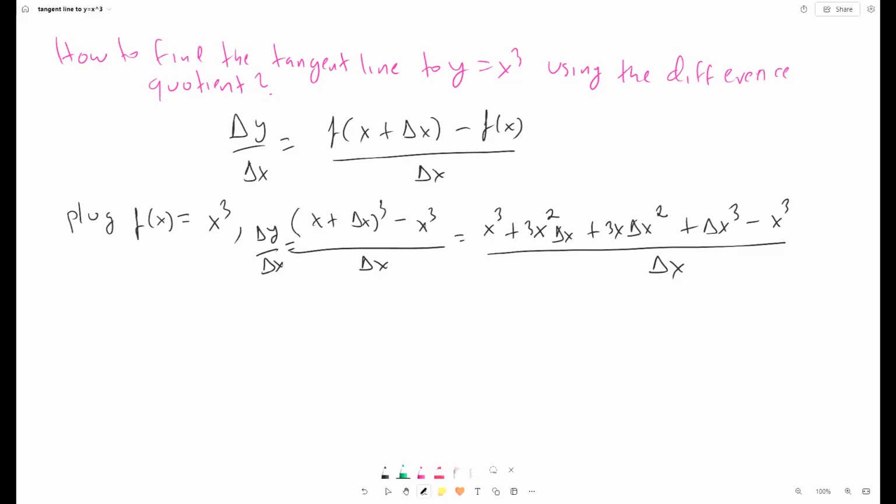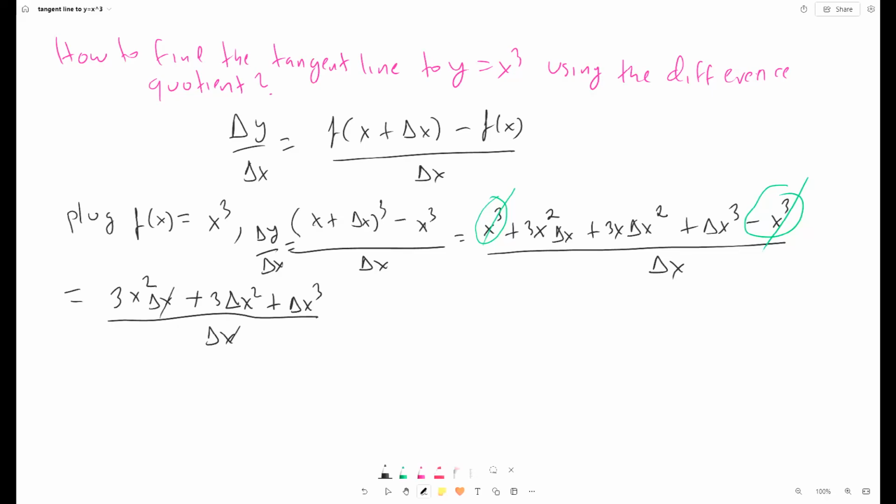If you look at the first and the last, this one and this one, they cancel, so that's gonna be equal to 3x squared delta x plus 3 delta x squared plus delta x cubed all over delta x.